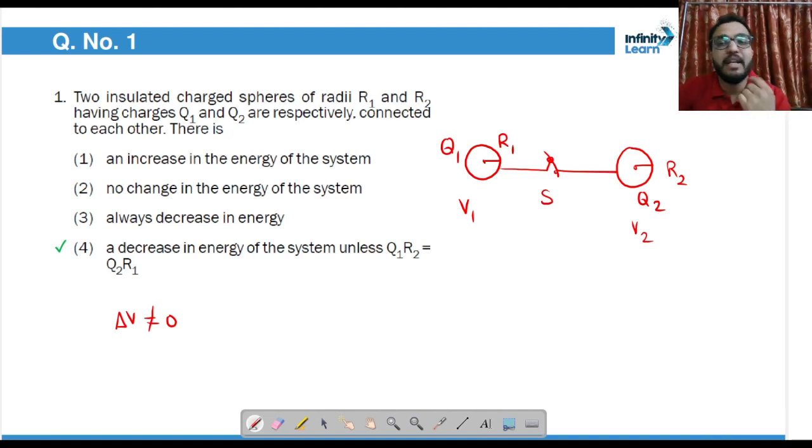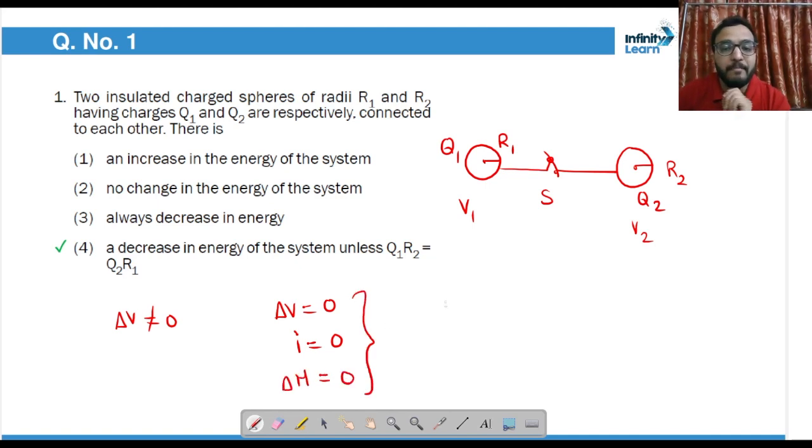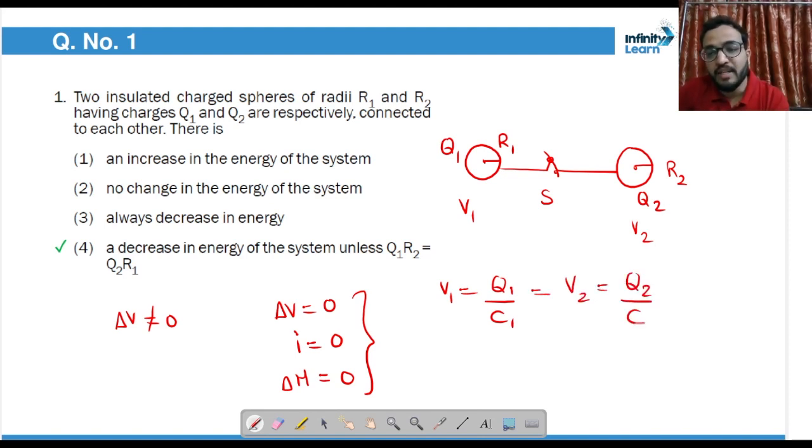But if the potentials are same, that means if delta V is 0, then there is no current and there is no heat loss. No heat loss, that means energy of the system remains same. But how can we say? See, potential V1 is Q1 by C1, and this must be equal to potential V2, which is Q2 by C2.